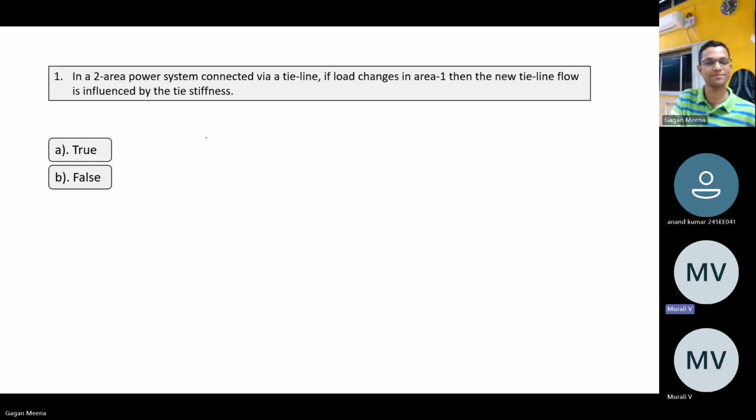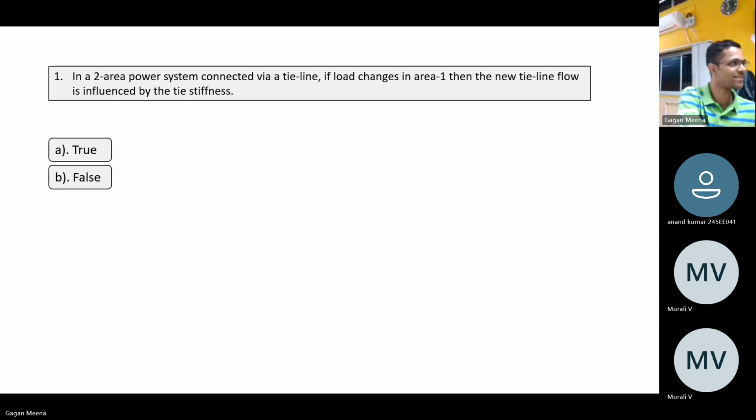High stiffness, I think it is false. Why? With high stiffness, the change in power flow depends on the change in frequency difference. Only on the frequency difference?